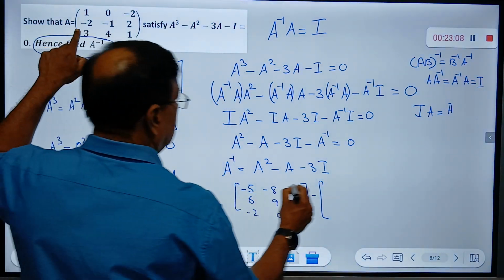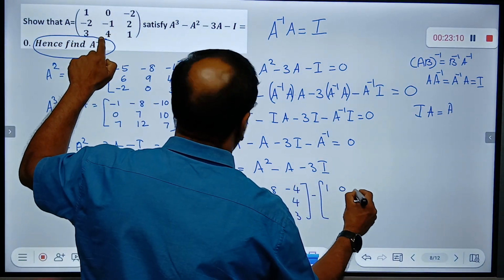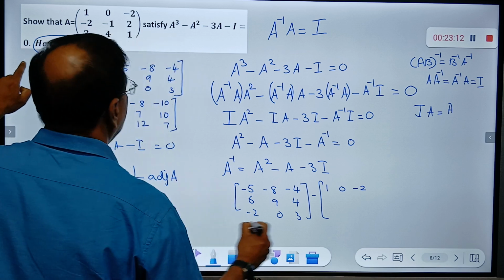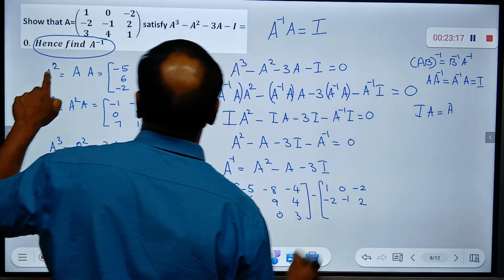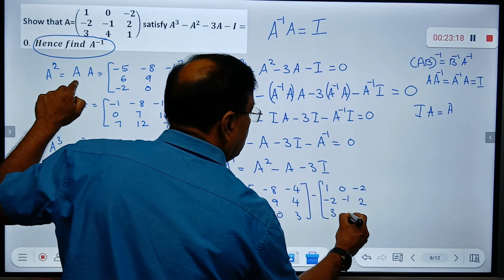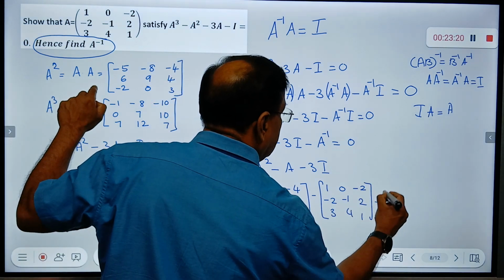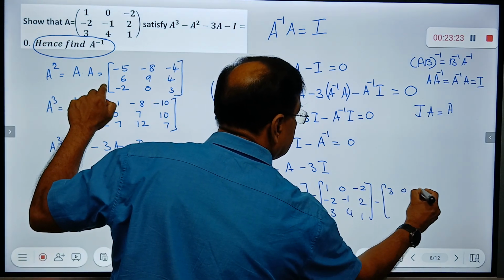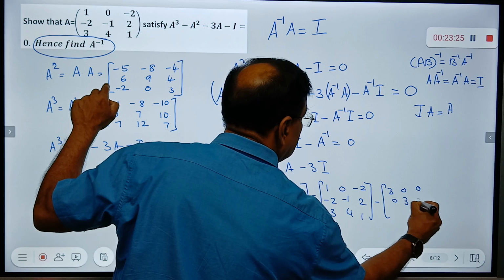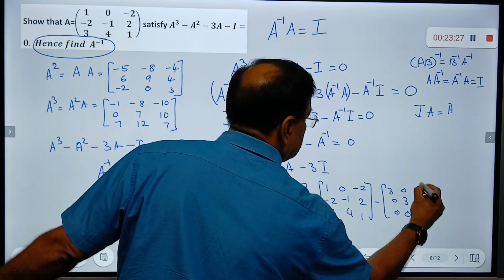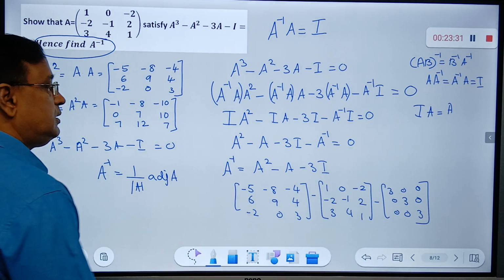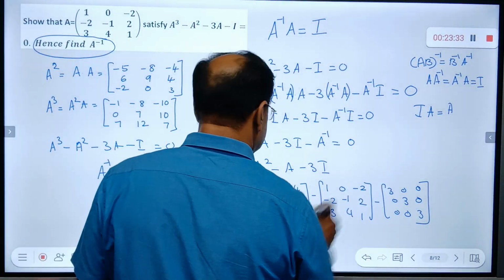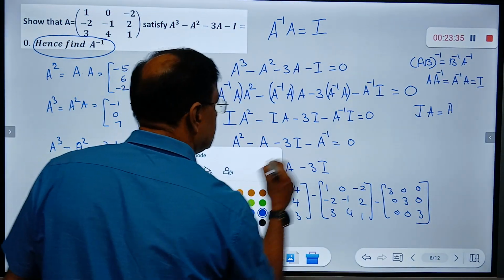My A is the matrix that is given to me: 0, minus 2, minus 2; minus 1, 2; 3, 4, 1. And 3I will be what? 3, 0, 0; 0, 3, 0; 0, 0, 3. 3 multiplied with an identity matrix. Now I am going to get the final answer. I am going to find A inverse.